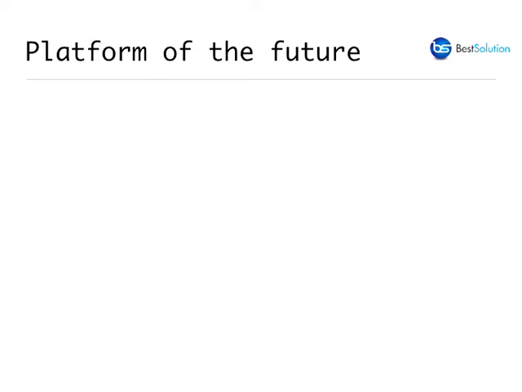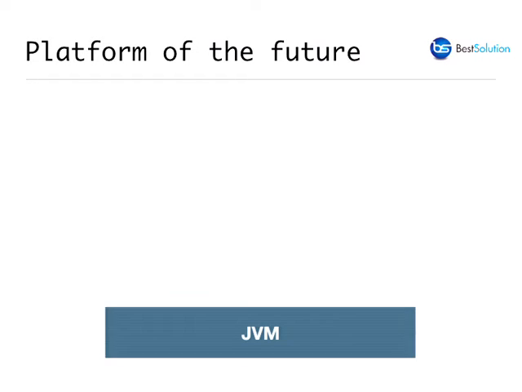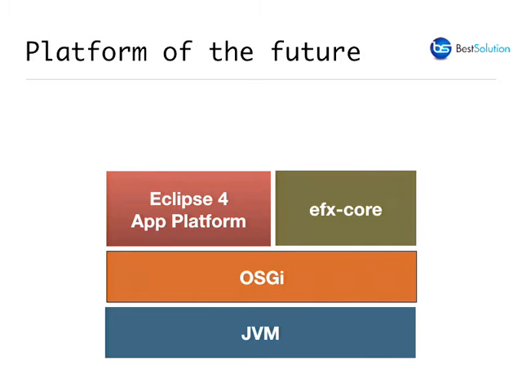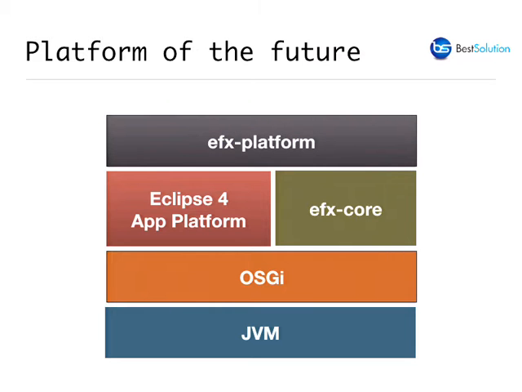So how does the platform of the future look like? So we have the JVM, we have OSGi. That's today. The Eclipse platform, and there is the efxclipse core layer. Currently, they are on the same level, Eclipse 4 platform and core layer on the same level. And on top of that is the efxclipse platform with all specialized services.